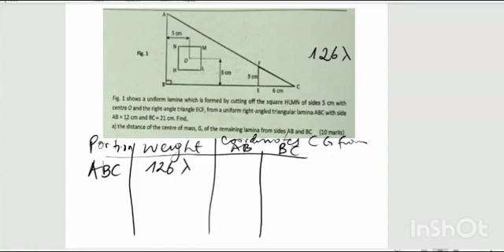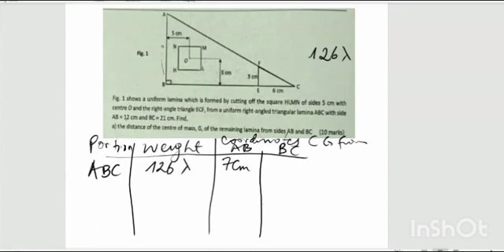The coordinates of the center of gravity from AB. This is our AB, which is vertical. From AB means we are looking at this coordinate. 21 centimeters from AB, 1/3 of 21 centimeters is 7.